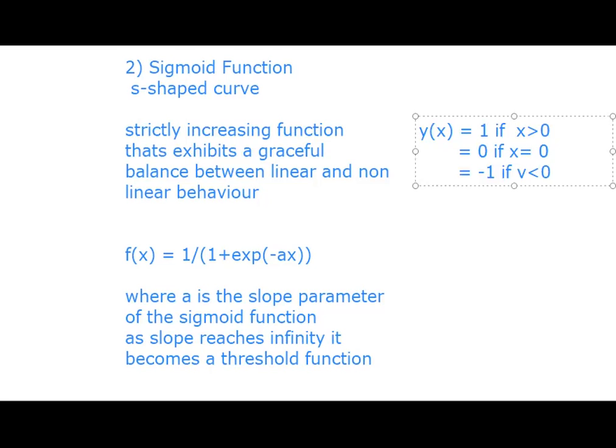This is commonly known as the signum function. Sometimes this is also the hyperbolic tangent function. So we can use different kinds of activation functions for general use in neural network applications.